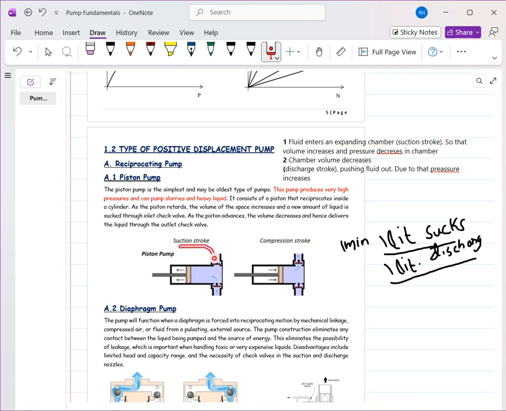As the liquid goes in, it expands the chamber, and this is called the suction stroke, so that volume increases.